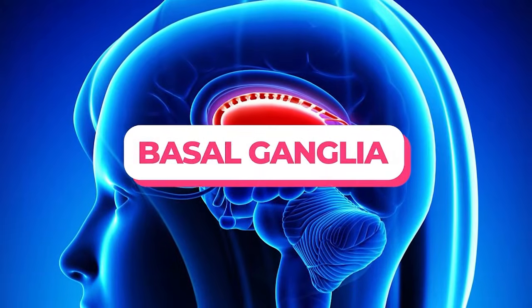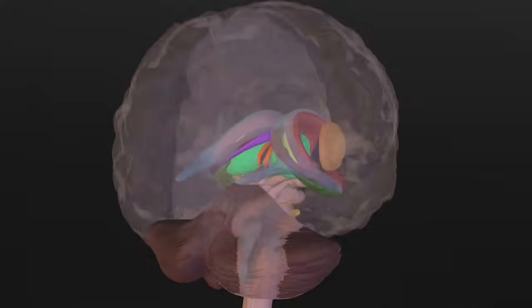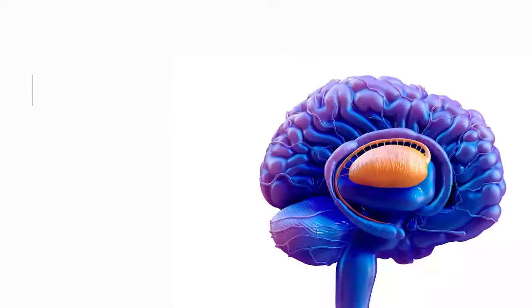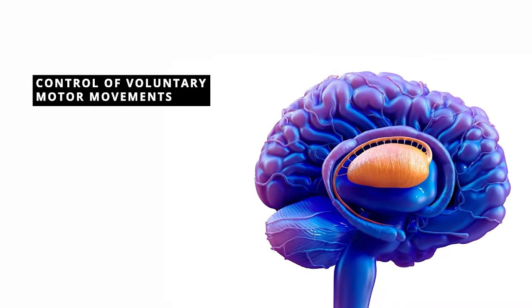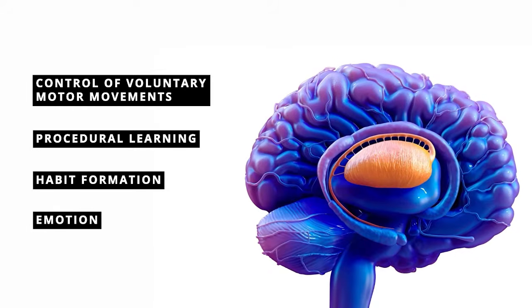Basal ganglia. The basal ganglia are a group of nuclei located deep within the cerebral hemispheres that play crucial roles in a range of functions, including the control of voluntary motor movements, procedural learning, habit formation, and emotion, among others.